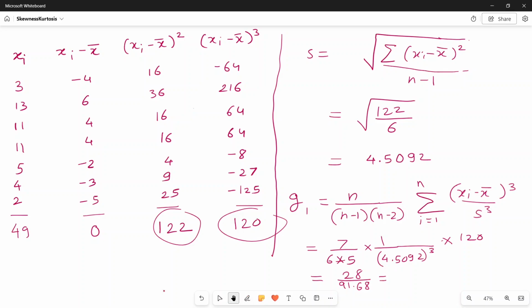This is equal to, this comes out to be 0.305. Okay, which is, you can say, 0.3. That is the sample skewness. In the next video, we'll take a look at the interpretation of this value.